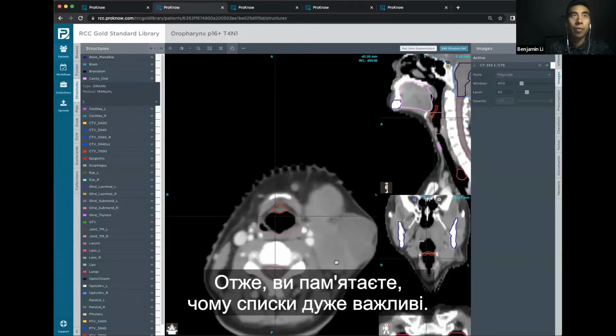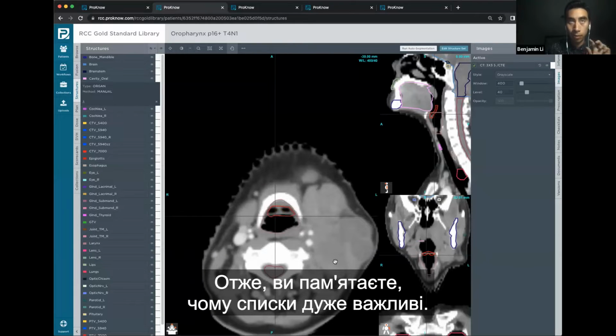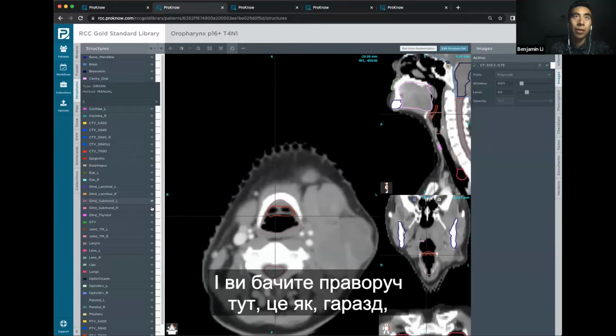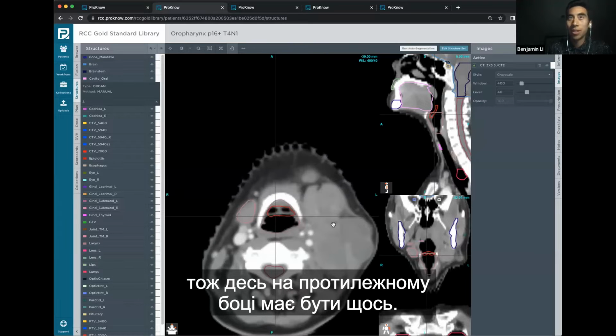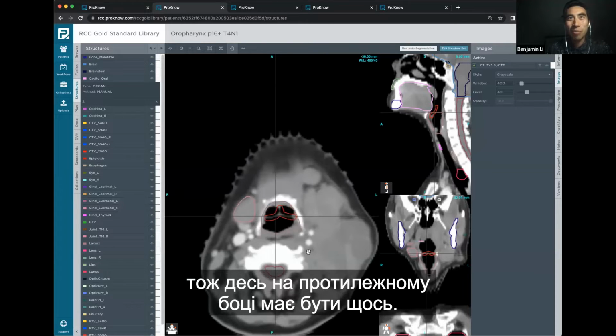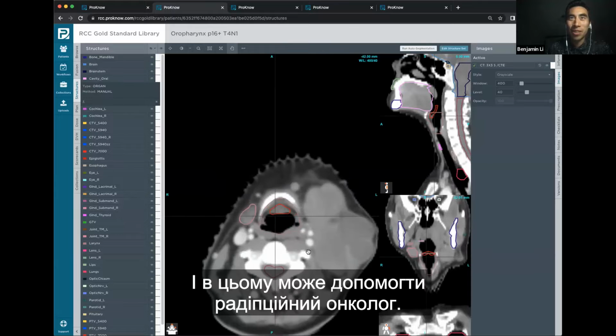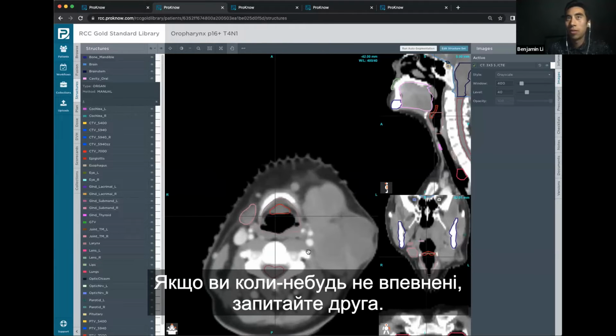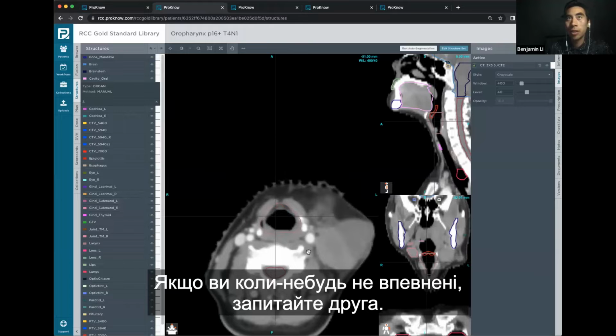So you remember, this is why lists are very important. You want to have a list of OARs that you're looking for. And you see on the right side here, it's like, okay, so there should be something on the opposite side somewhere. And so the radiation oncologist may be able to help with this. If you're ever unsure, ask a friend.